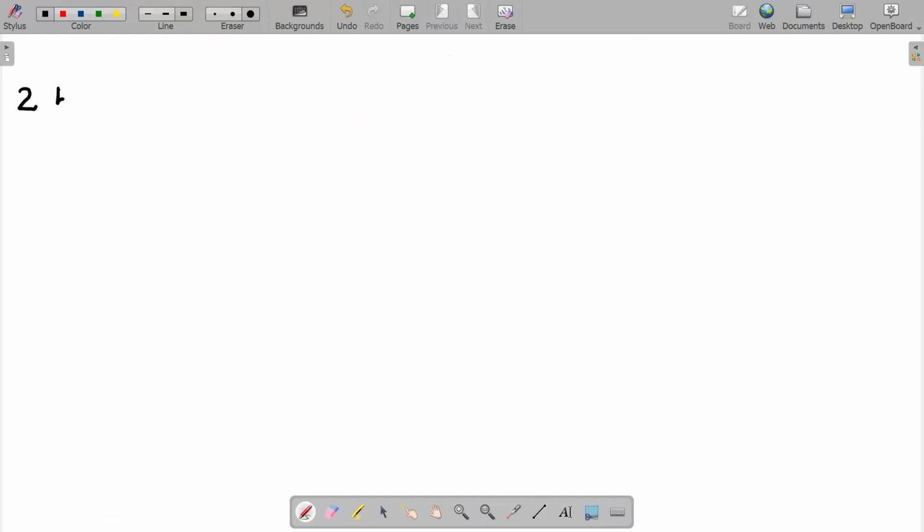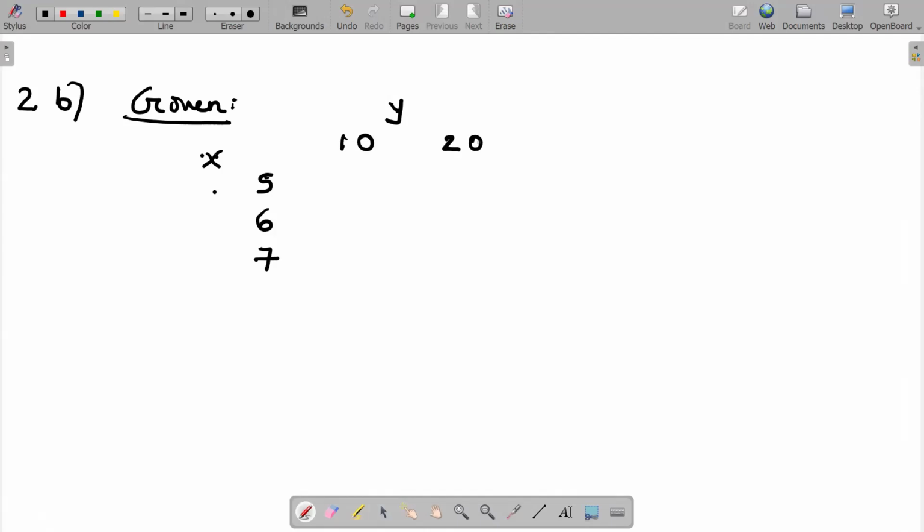So we are on to question 2 part B. I am first writing the table which shows the joint distribution between X and Y. So the values taken by X are 5, 6, 7. Values taken by Y are 10, 20, 30.